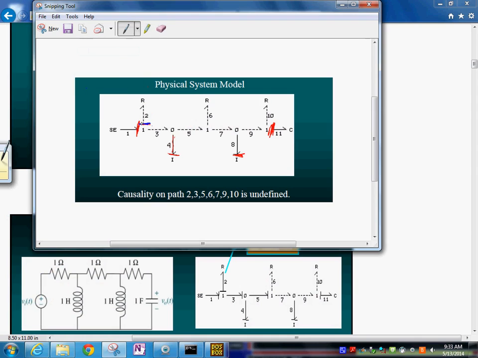I assign not wisely, but arbitrarily, meaning I could help this by assigning this, and then this will complete because this would go like that. But you see, if you have it like this, then this also would go like this. See? All right, so this part of the bond graph model is fixed. But can I do anything over here? No. So this is still a problem.